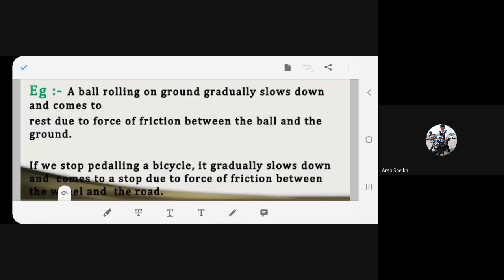If you're pedaling the bicycle with force, it will still stop, no doubt about it, after you stop pedaling. But maybe it will take some time. If you are pedaling at a usual rate and then stop, the bicycle will stop after some time. But if you're pedaling very fast, then it will take some more time to stop. But it will stop. There's no doubt about it.